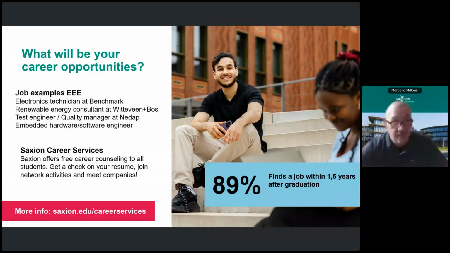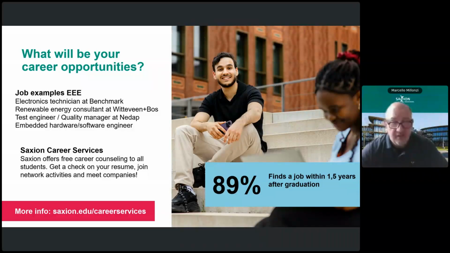Some job examples for electrical engineers. We also have a lot of companies in the eastern part of the Netherlands and farther along in the Netherlands, which really need electrical engineers. So we have the bigger companies like Benchmark and Witteveen and Bosch. We have NADAP, which is a really nice and modern company half an hour away from Enschede, where they do a lot of innovative applications for customers in agriculture, in access management.